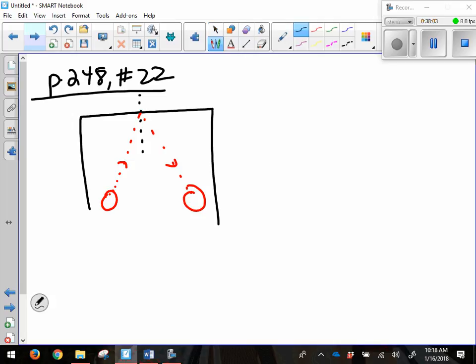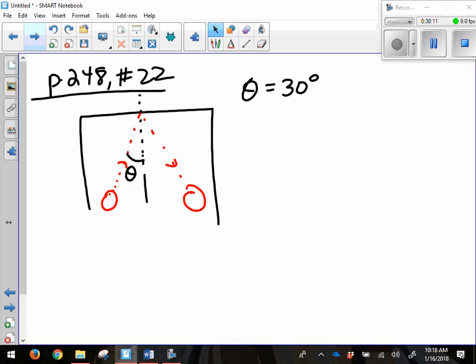And I believe that we know this angle of incidence, right? 30 degrees. And we're told some things about the velocity, right?